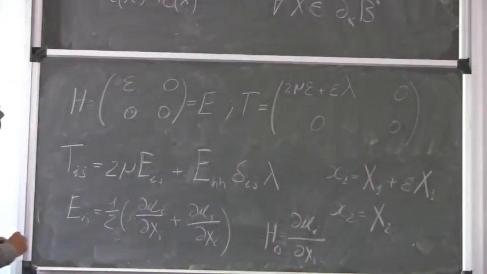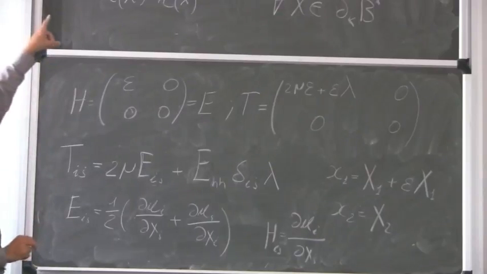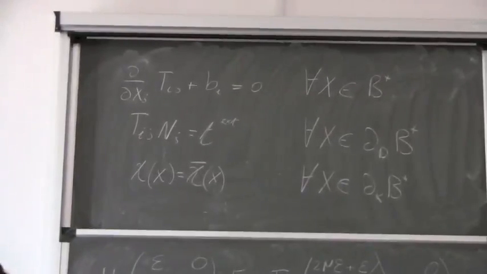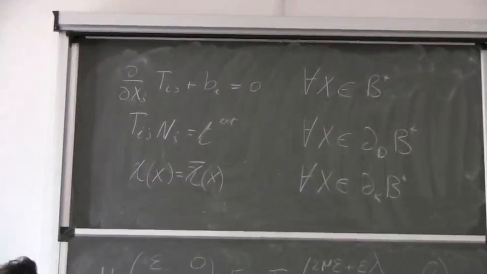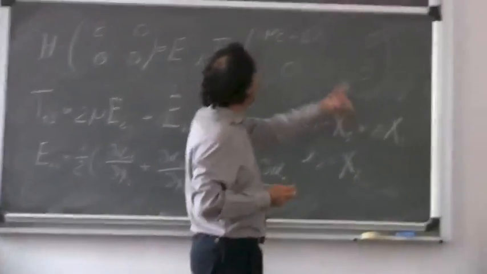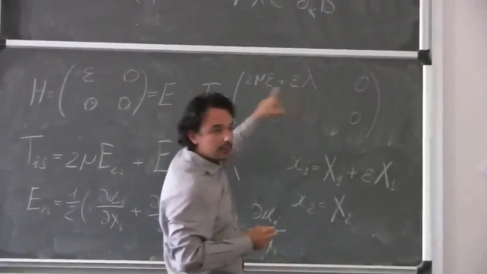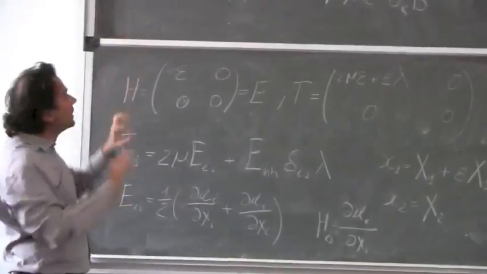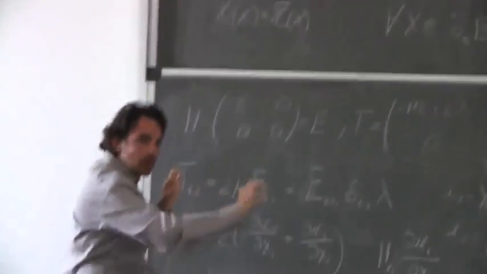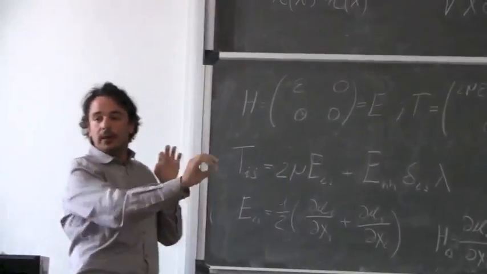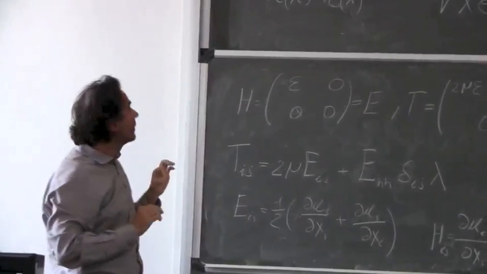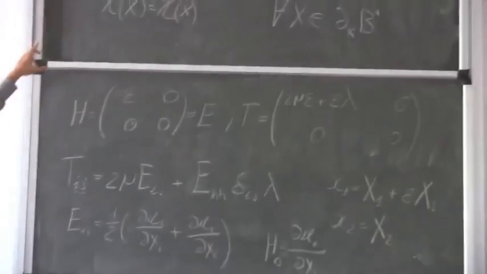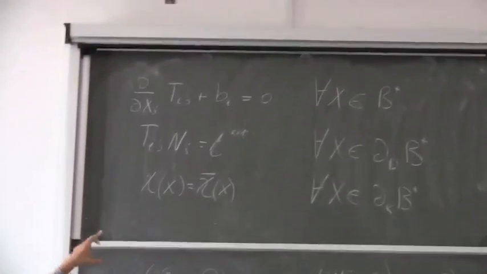Let us see now if the first partial differential equation is satisfied. Epsilon is a constant. Lambda and mu are constant. So this equation, with no volume force, so with no B, is satisfied because T is constant.